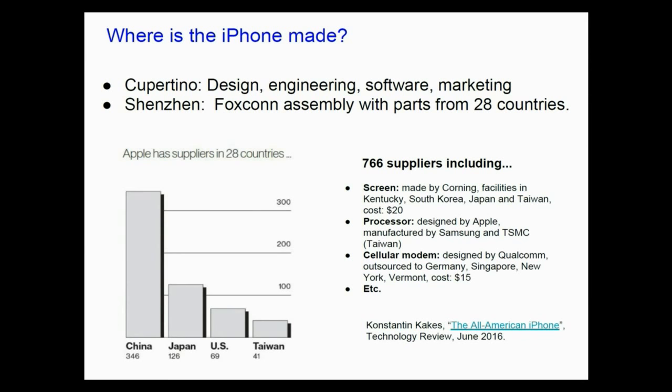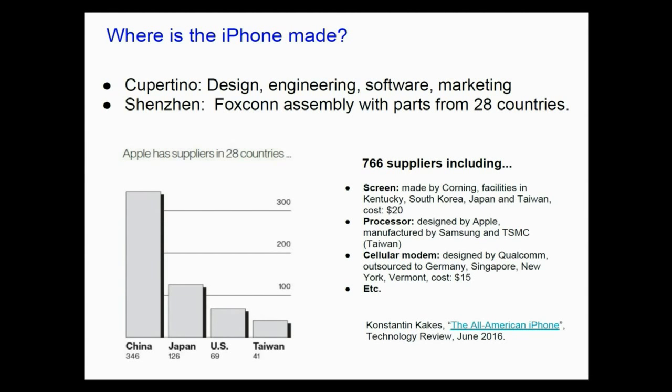And I would say, as a Silicon Valley person, what really matters is where that chip was designed, whether it was designed in San Diego, or where the screen was invented or the recipe was perfected, which would be in New York with Corning, and the actual physical construction is a secondary issue. Now, I realize this is a debatable point, but maybe it's something we can discuss a little later on. There's a wonderful article called The All-American iPhone, which you can find online, where these statistics come from.